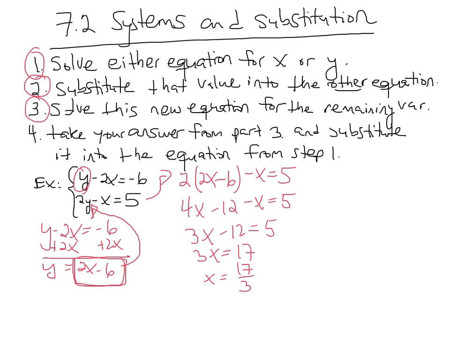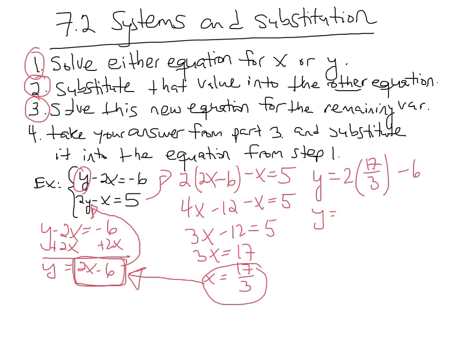Step 4 says take your answer from part 3, right here, and substitute it into the equation from step 1. Well, here's the equation from step 1, and we're going to put this number in place of x. So y equals, instead of x, I will write 17/3. So 2x and then minus 6.